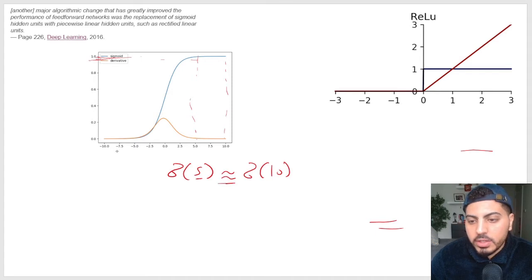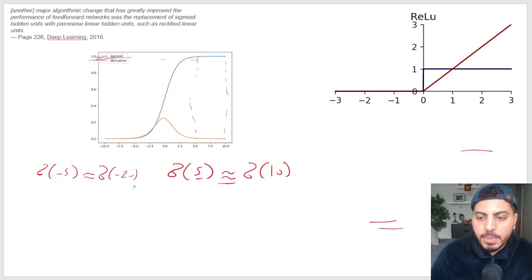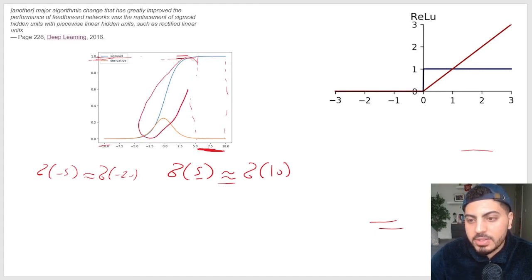Likewise, on the other end, sigmoid of minus 5 is very close to sigmoid of negative 10 or negative 20. So the sigmoid almost snaps to 1 and to 0. It doesn't matter how different your input is, the sigmoid will almost return the same value. All the fun in the sigmoid happens around its center point, around 0, because it's almost linear here.